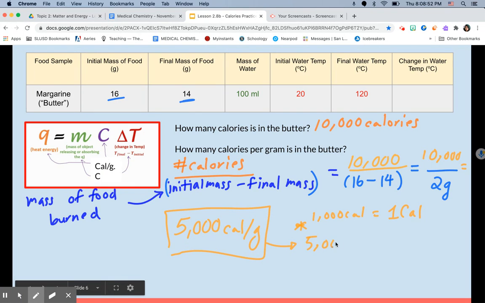And 5,000 over 1,000, you can type it into your calculator or cross out these extra zeros and just recognize that that's 5 capital C calories, right? But since I did not ask that here, this would be your final answer. How many calories per gram? Calories per gram would be this.